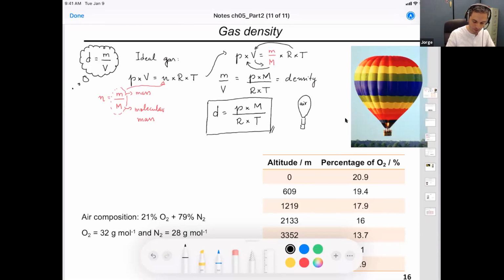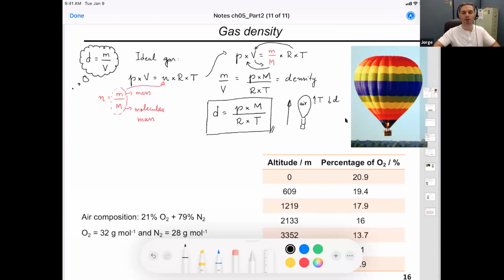However, if we blow fire inside the balloon, the temperature of the air increases, and that decreases the density, which means the air inside the balloon is less dense than the air outside the balloon, and that makes the balloon go up.